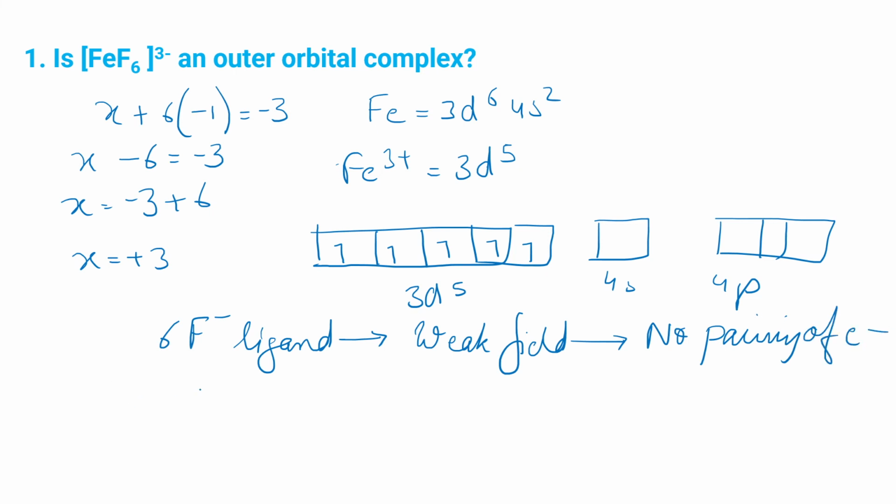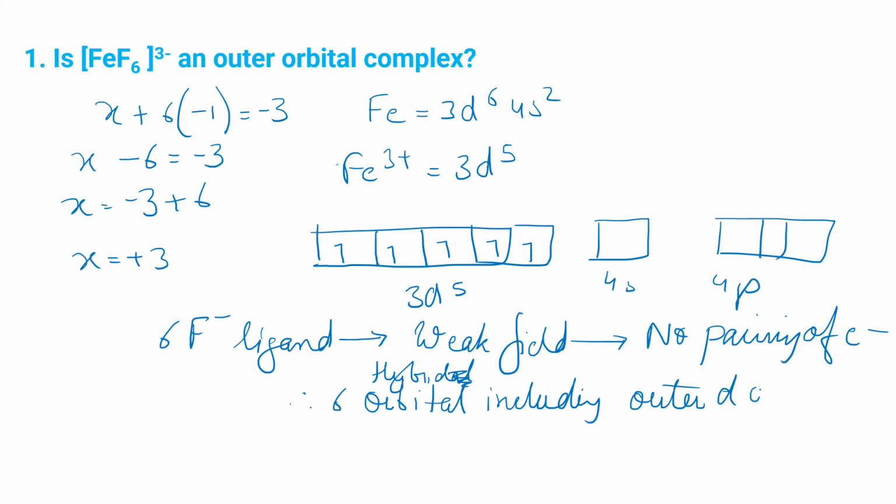electrons will be there. Since there is no pairing of electrons, that means we need 6 hybrid orbitals including outer d orbital. How will that be possible? The 3d inside, let it be.